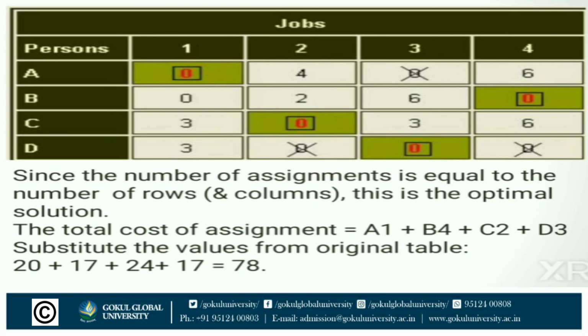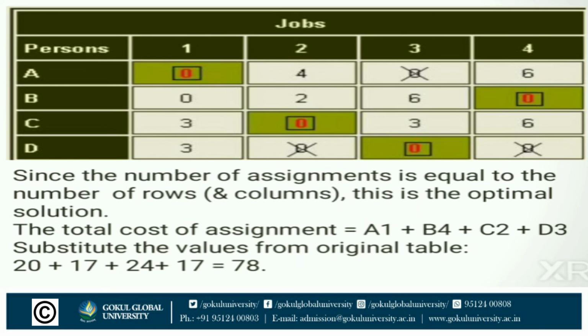The first one is 0, so the third column is crossed out. Now the second row has only a single 0, then the fourth column's last entry is crossed out. The third column has one single 0, then assign this job, and the fourth row has two remaining 0s, then we can assign the third one as 0.